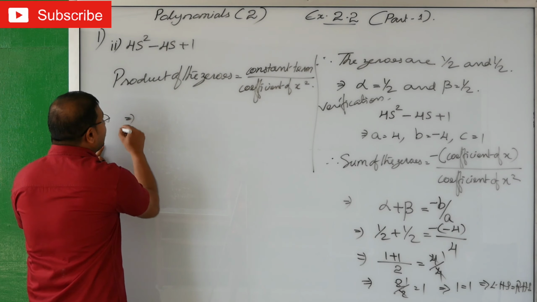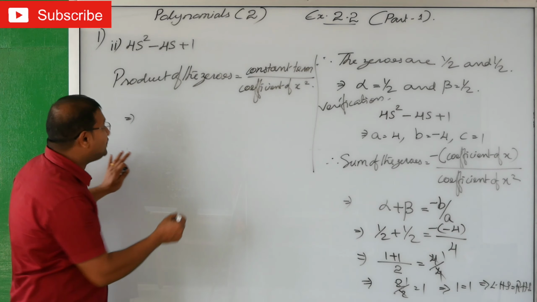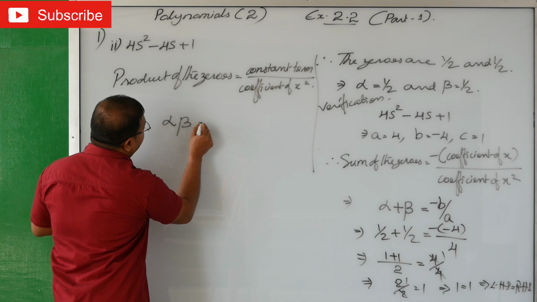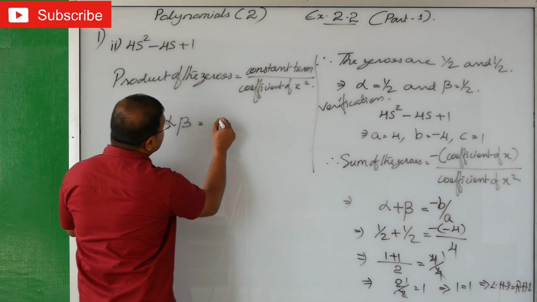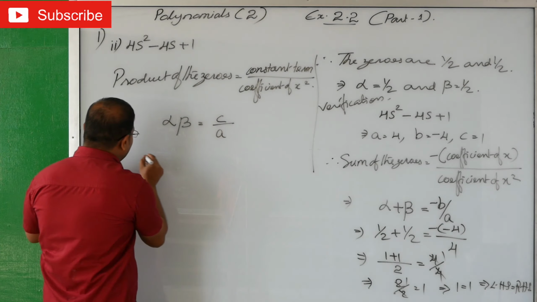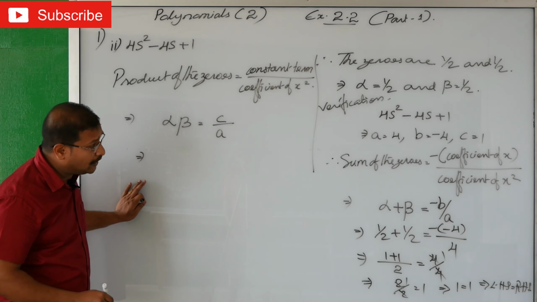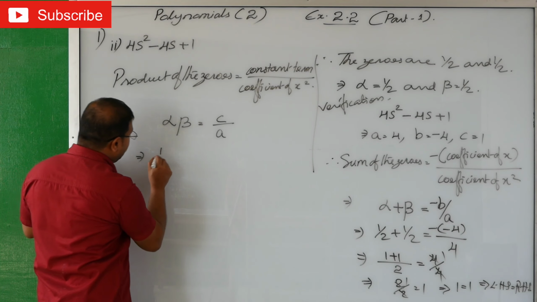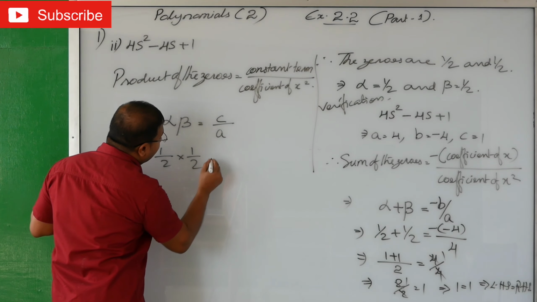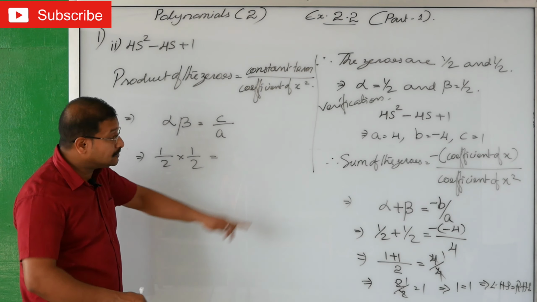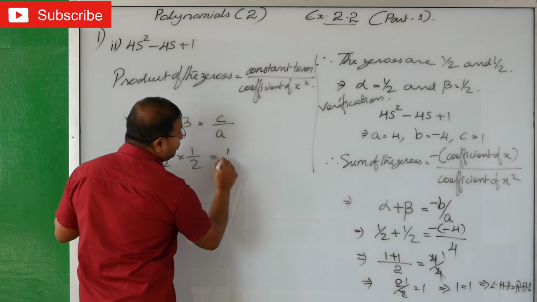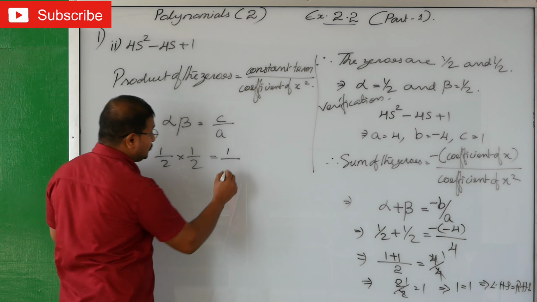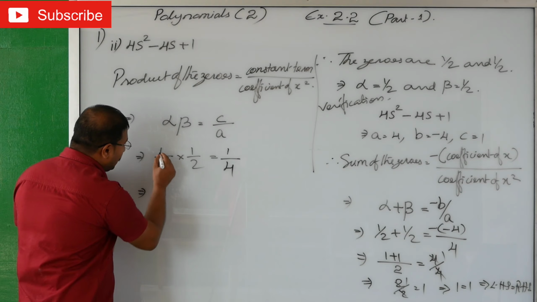Product means alpha into beta. That means alpha into beta equals constant term C by A. The value of alpha is 1 by 2, so 1 by 2 into 1 by 2 equals C by A. The value of C we got now is 1, and the value of A is 4. So 1 by 4.